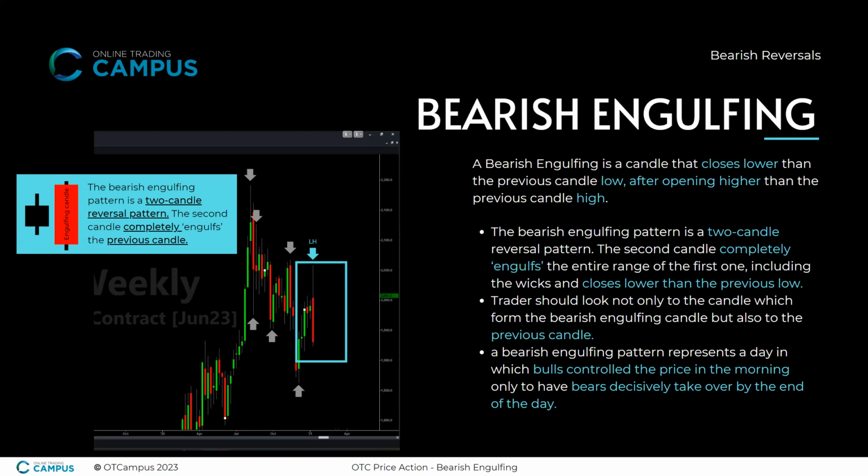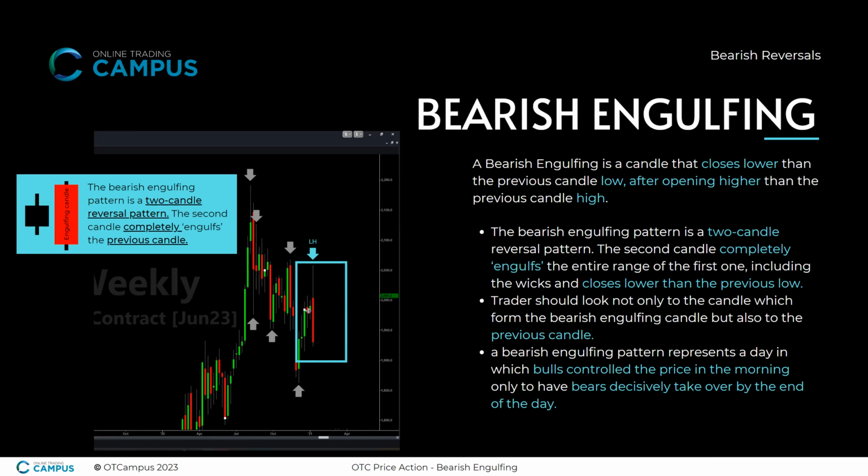The second candle completely engulfs the entire range of the first one, the previous, including the wicks, and closes lower than the previous low. A trader should look not only at the candle which formed the bearish engulfing, that's a huge red candle, but also at the previous candle.